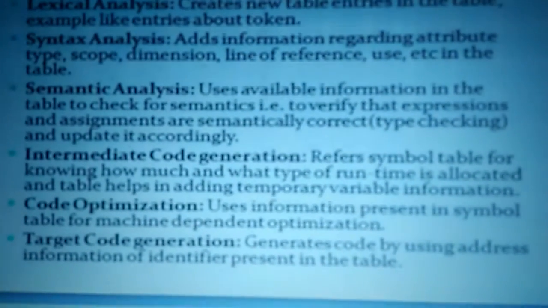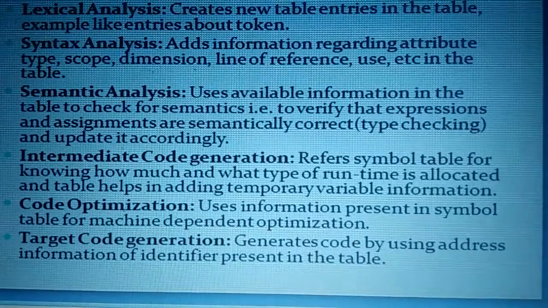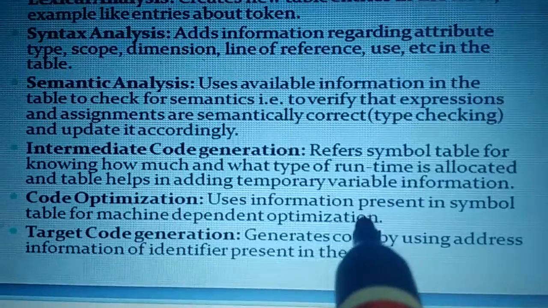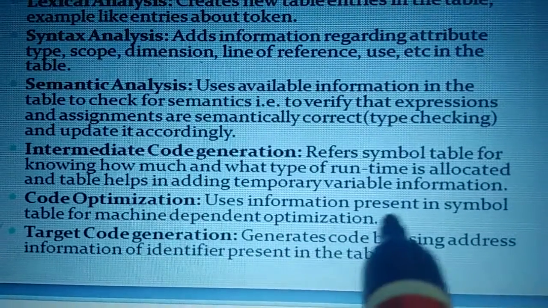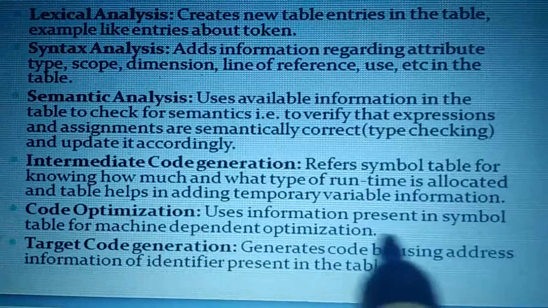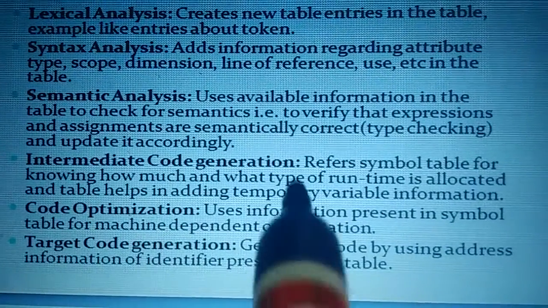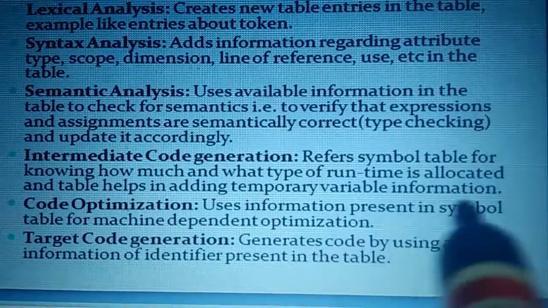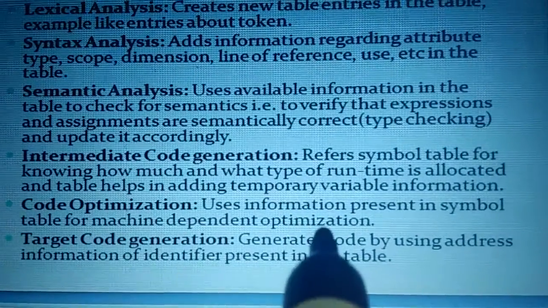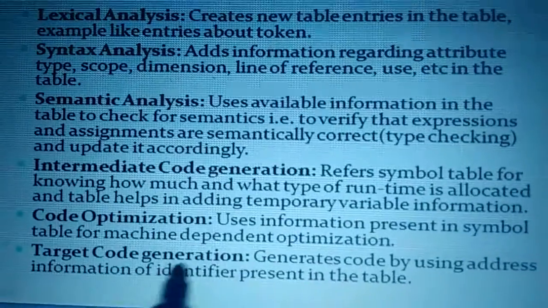Code optimization uses the symbol table. It uses the tokens, the entries or the information present in the symbol table for machine dependent optimization. Let me recall who was the machine dependent.